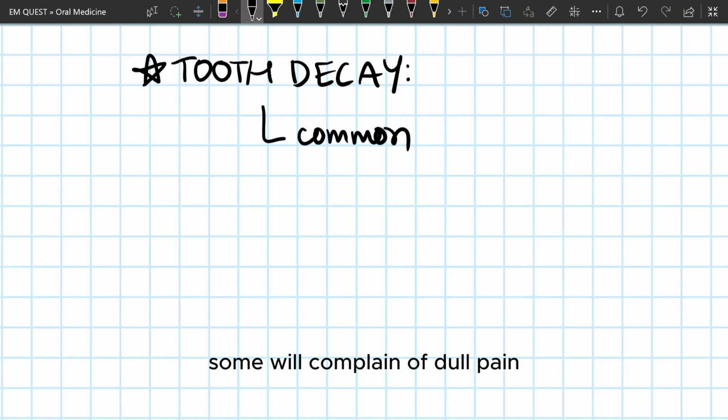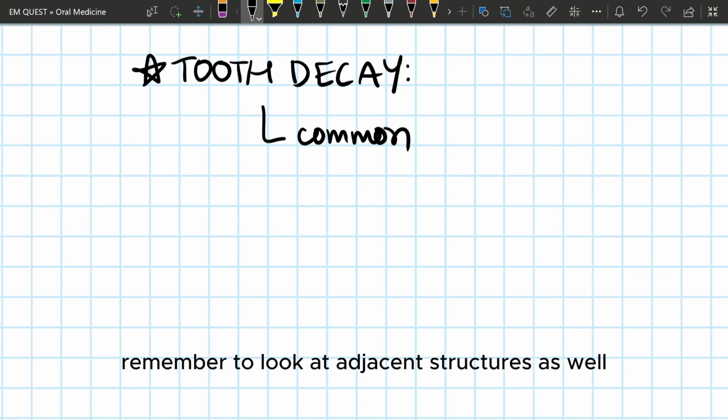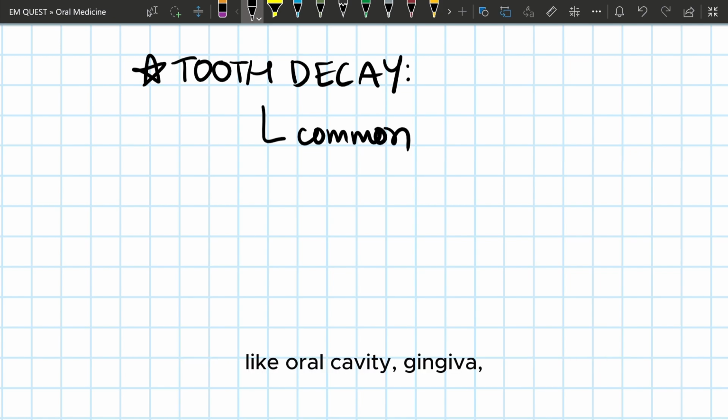Some will complain of dull pain, some of throbbing pain, and in most cases the pain of tooth decay can be localized to one single tooth. While looking for dental caries, remember to look at adjacent structures as well, like the oral cavity, gingiva, and surrounding structures like the throat, neck, and sinuses.